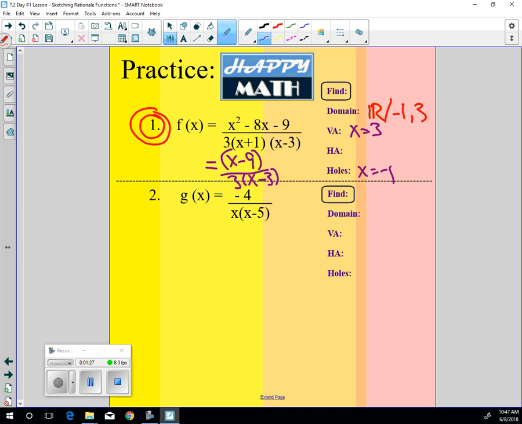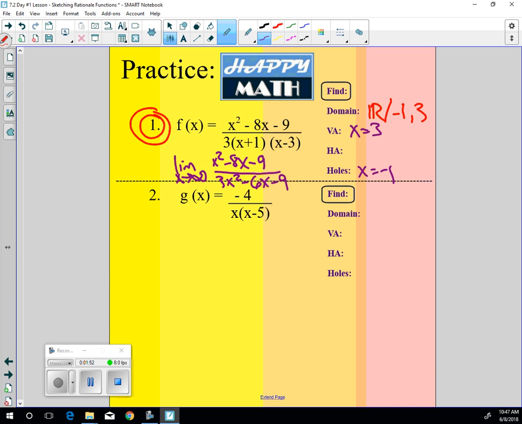The horizontal asymptote, we can just go ahead and look at this quick. Take the limit as x approaches infinity of x squared minus 8x minus 9 over 3x squared, since x minus 3 times 3 is minus 6x, wait, x minus 3 times 3x gives 3x squared, and the constants give minus 9.